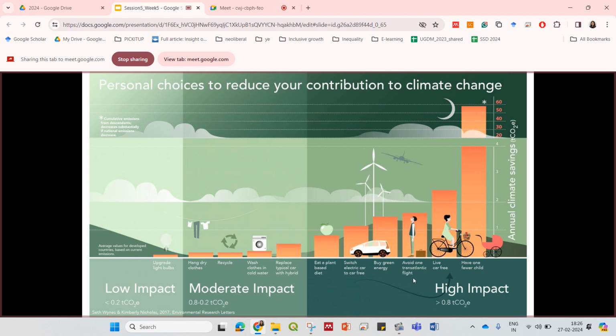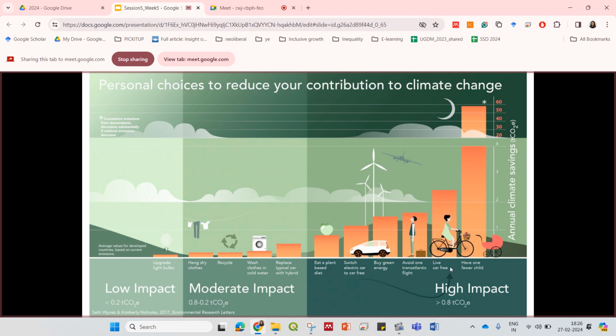Then avoiding one transatlantic flight. So you know the Atlantic Ocean, if you go from the eastern part of the world to the western part of the world, or across the Atlantic, if you avoid one such flight, the amount of fuel that you'll save, that is also having a high impact on the amount of climate savings.